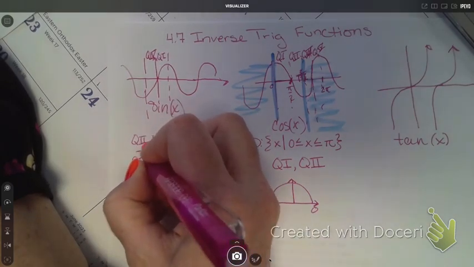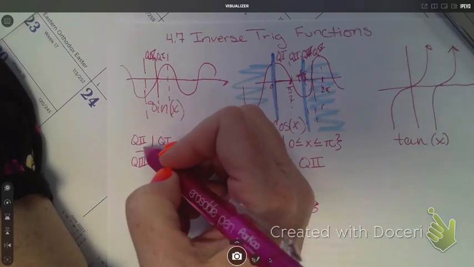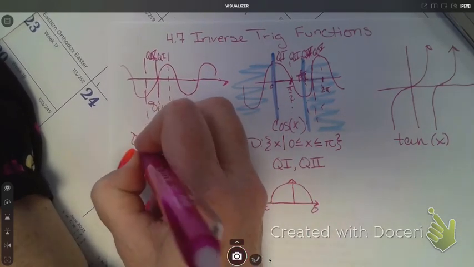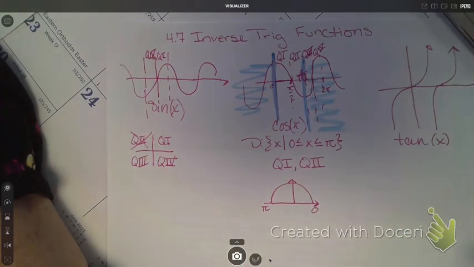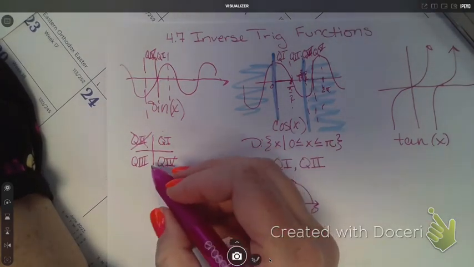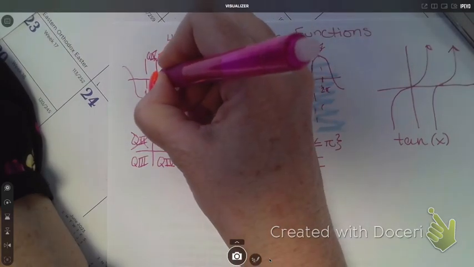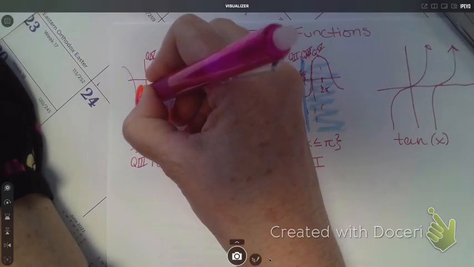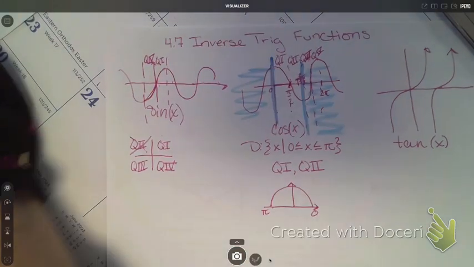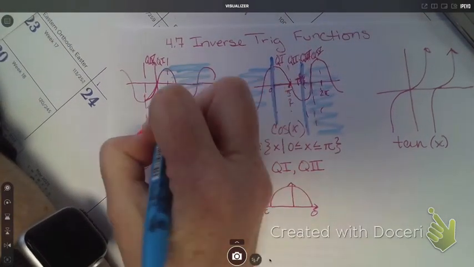We already identified quadrant 2 didn't work, so the only other one that could work is quadrant 4. Do I have all the positives? Yep. Do I have all the negatives? Yep. So all this is gone.